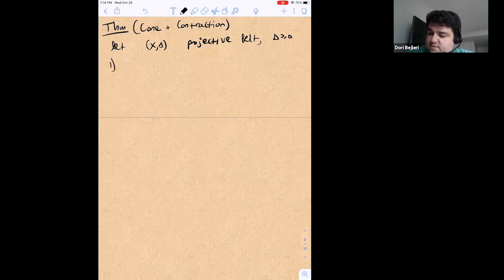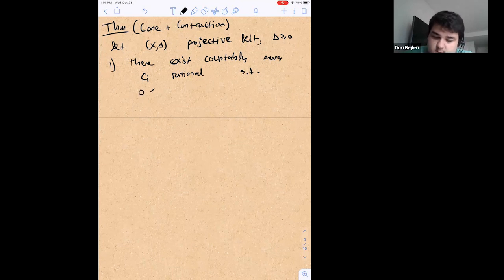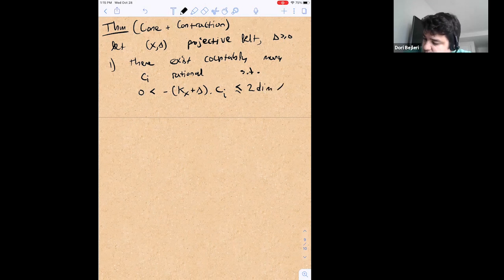Then we have the following four parts. One: there exist rational curves, countably many, such that we have a bound on their degree with respect to KX plus delta. And that bound is 2 times the dimension. So in particular, they're KX plus delta negative curves.